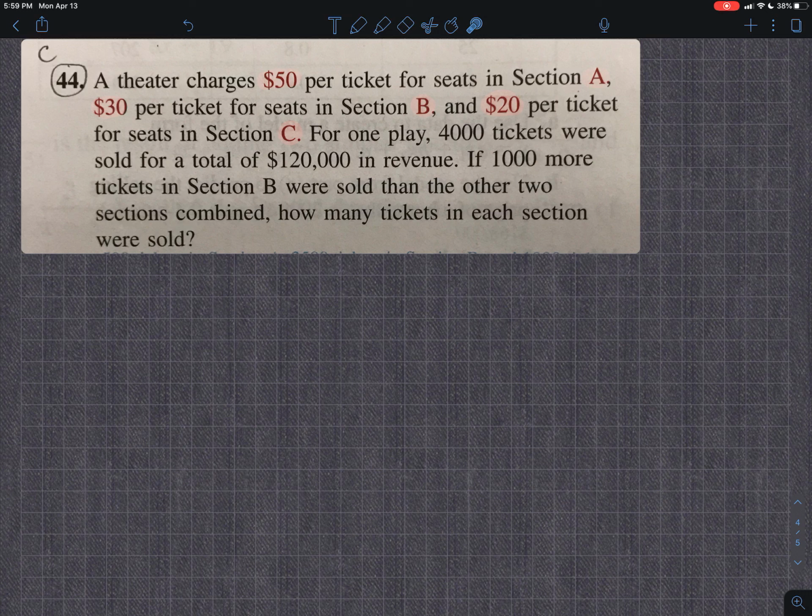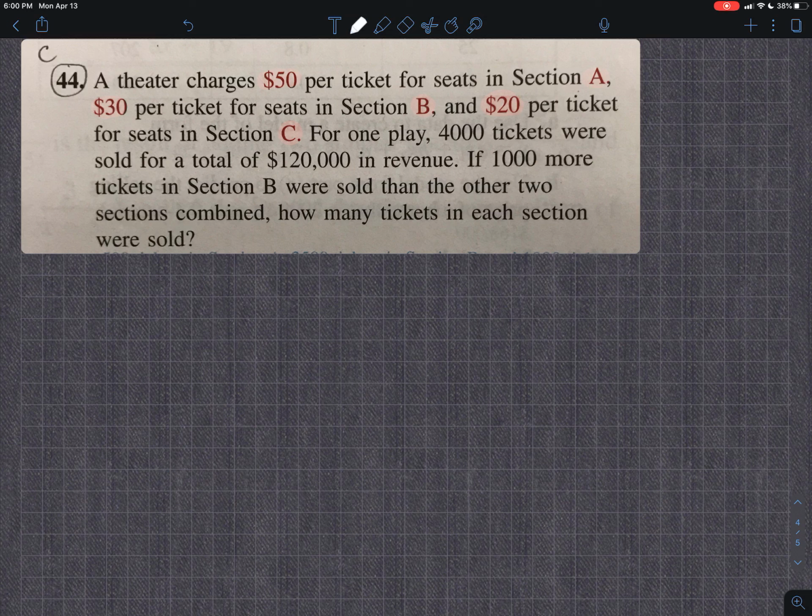That's the easy part. And the second thing that's kind of easier is the revenue. Revenue is always the number of things you sold times the cost, or the price. And you have the prices: 50 for A, 30 for B, and 20 for C.